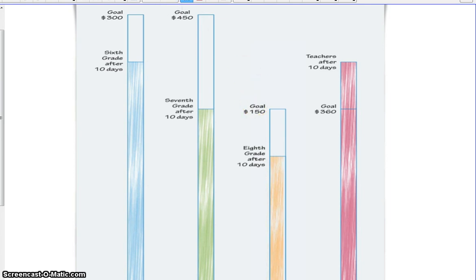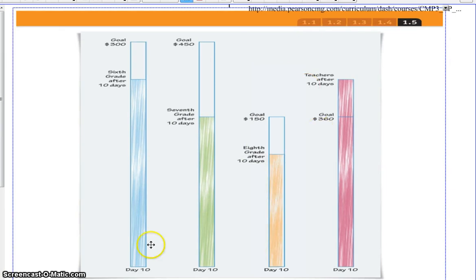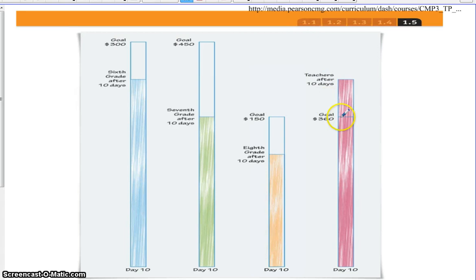And this page can be found on page 24 in your book. What they've done on this page is they've given us different heights of tape diagrams, or the fundraising thermometers. And I'm going to go ahead and put the top of it here.